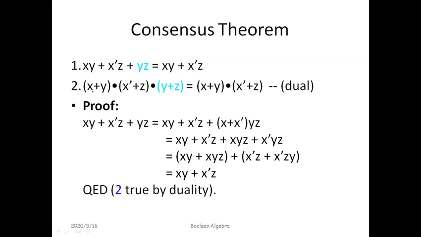Then number 2, we shall explain shortly using the proof. x plus y, then dot, x prime plus z, we close the bracket, then x plus z, equals x plus y dot x prime plus z. We are saying this is the dual.